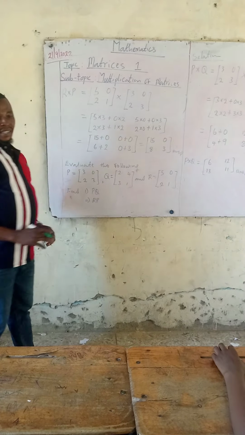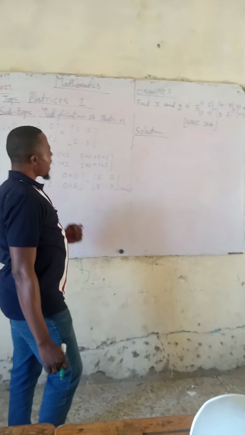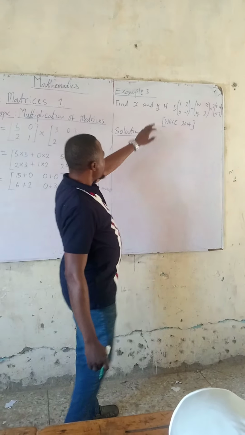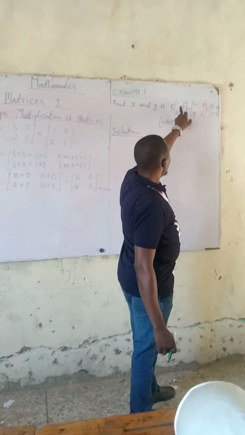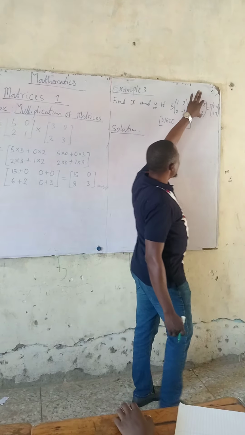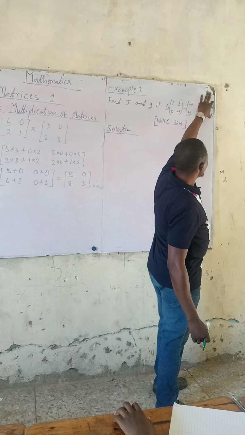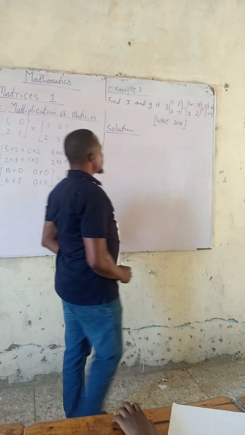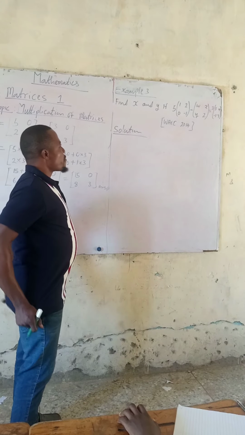So that's the answer. It says find X and Y if 5 into bracket, a 2 by 2 matrix, minus another 2 by 2 matrix, equals this 2 by 2 matrix. So the question is from the year 2014.